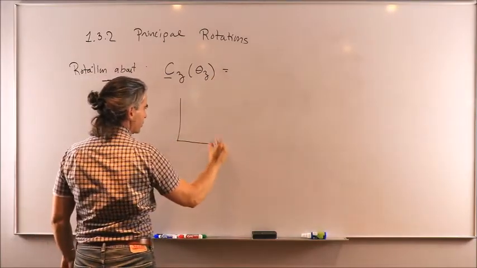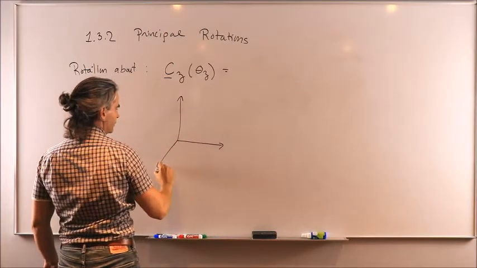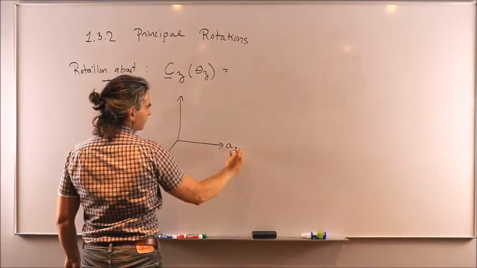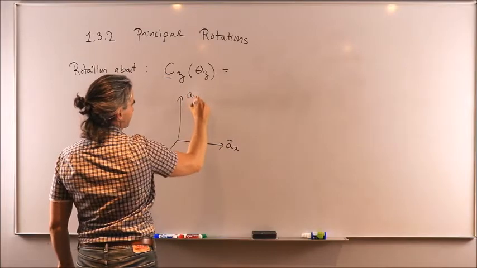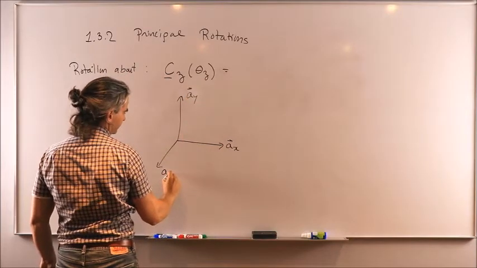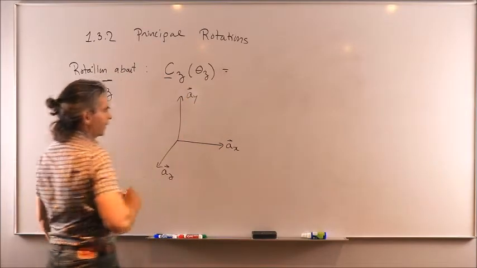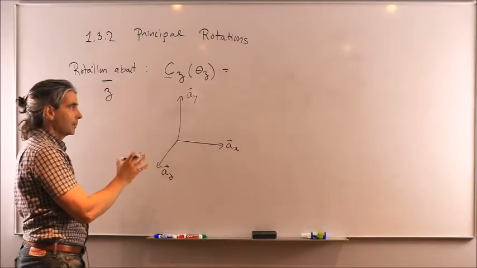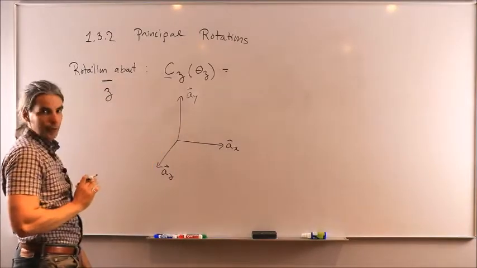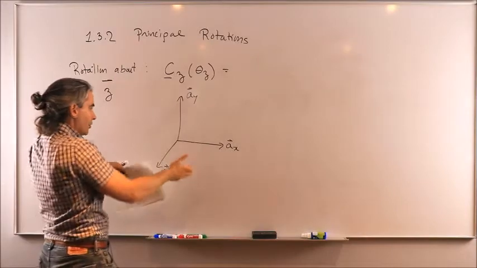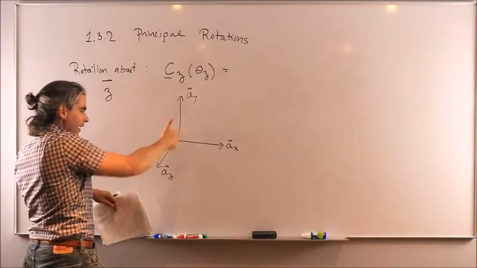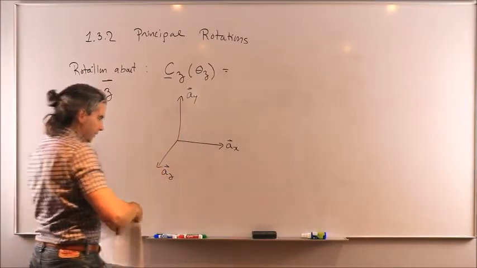You have your initial reference frame, AX, AY, AZ. And now what you do to obtain reference frame B from that initial reference frame A is that you rotate it through AZ. Okay?